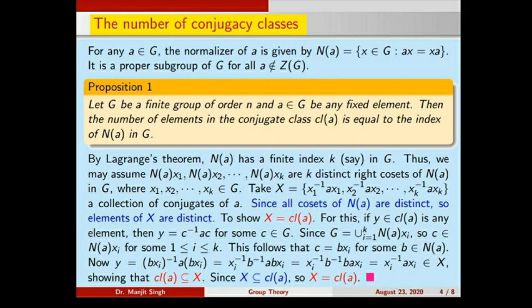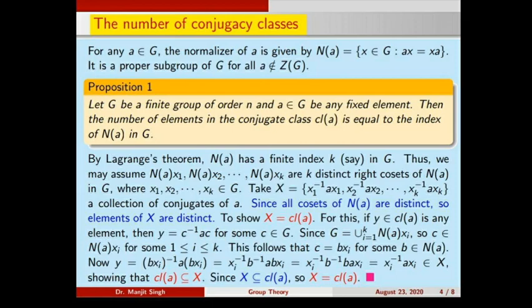If two right cosets were identical, then you would find xi equal to xj. So since the right cosets of N(A) are distinct, the elements of X are also distinct.